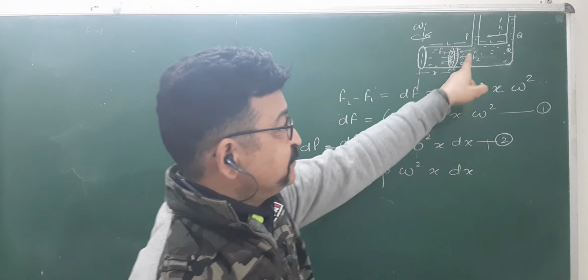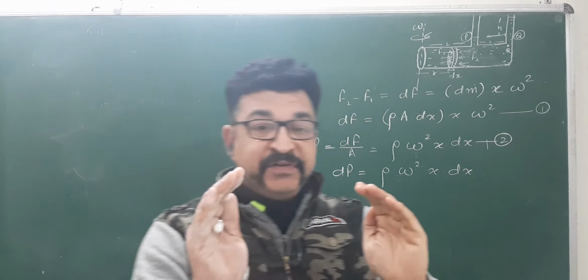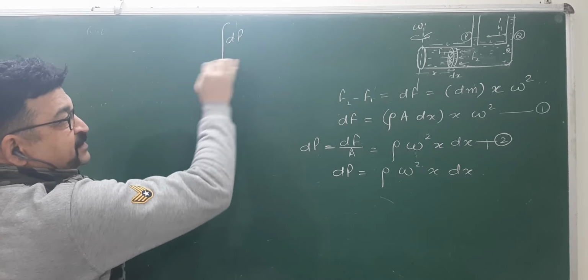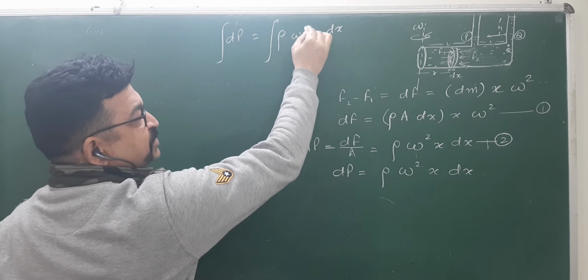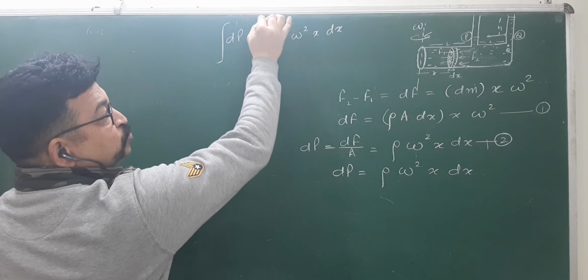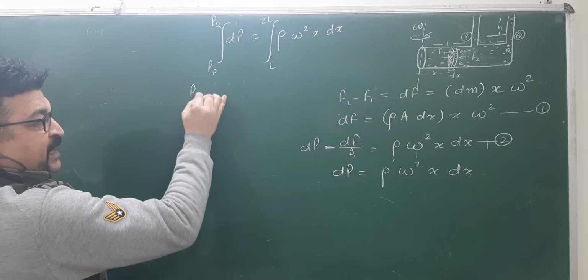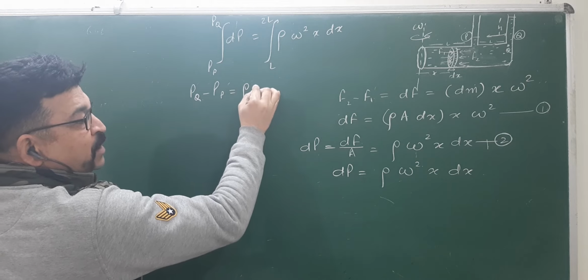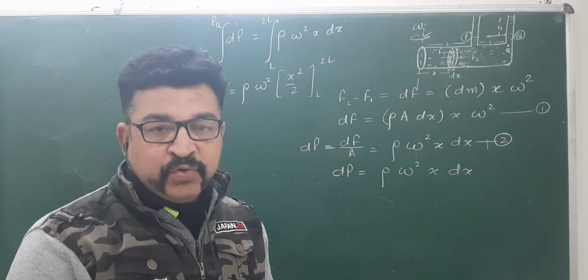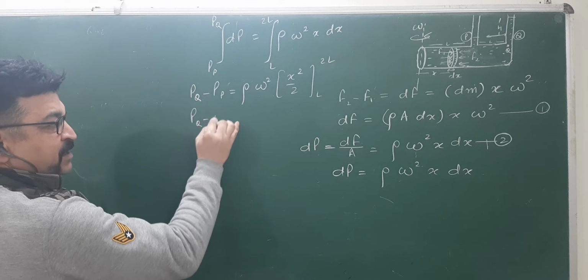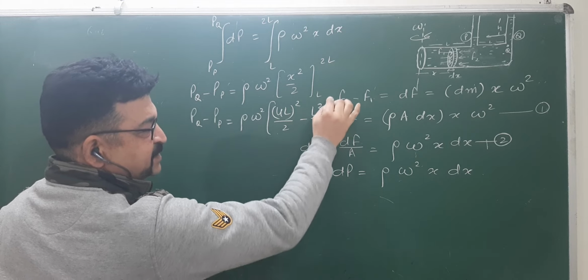Now let us find the pressure difference created between these two points, which are at distances L and 2L from the axis, that is between points P and Q. To find this pressure difference, let us integrate, taking the limit from L to 2L, meaning the pressure at P and the pressure at Q. The pressure difference PQ minus PP is rho omega square times x square by 2 with these limits. Putting the limits, we get 4L square upon 2 minus L square divided by 2.